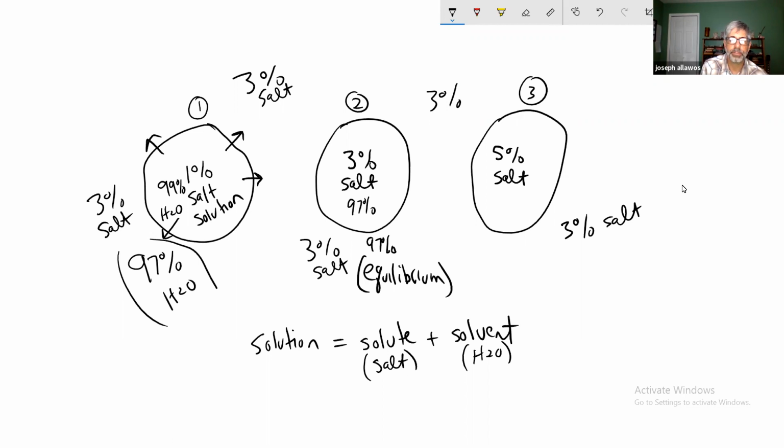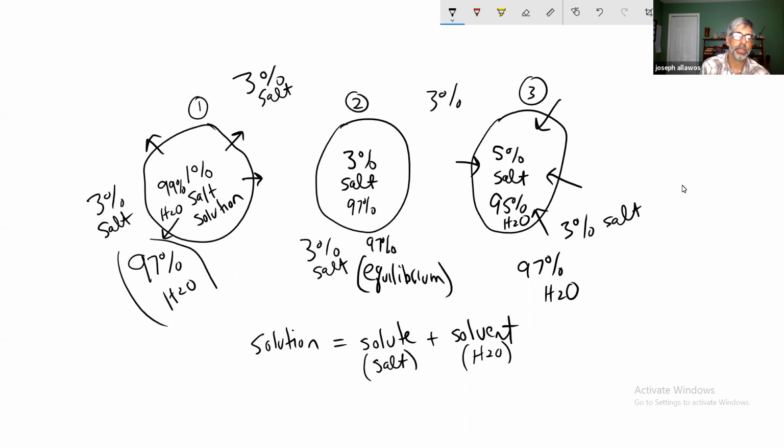Well, we got 5% salt on the inside, so we got 95% water, and we got 97% water on the outside. Higher to lower, water's going to go in the cell until it reaches equilibrium. So by knowing the concentration of water on the inside and the outside, we can predict what direction the water is going.